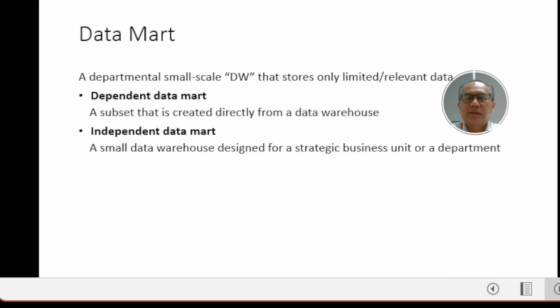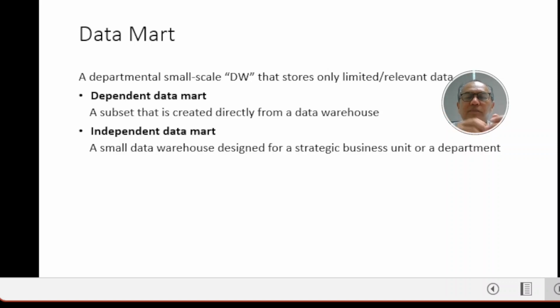So it gets data from the data warehouse, processes it, and then analyzes it. It can provide its own reporting, and it can also support the data warehouse, but it is dependent on the main data warehouse. An independent data mart is not related to the data warehouse.